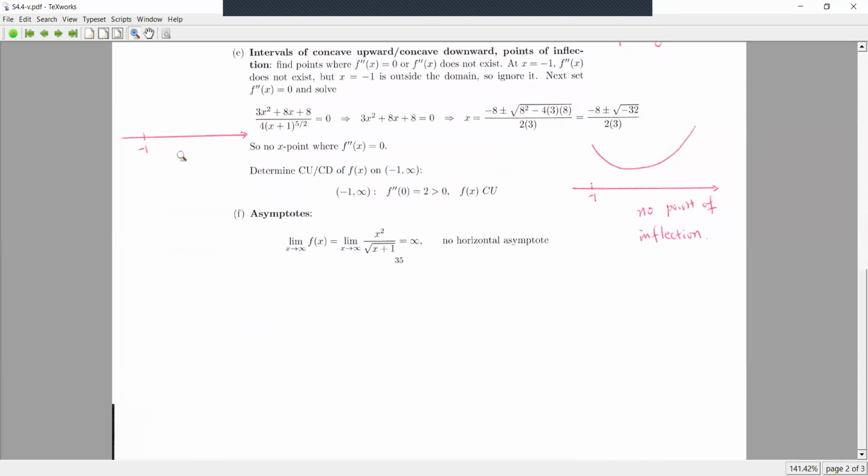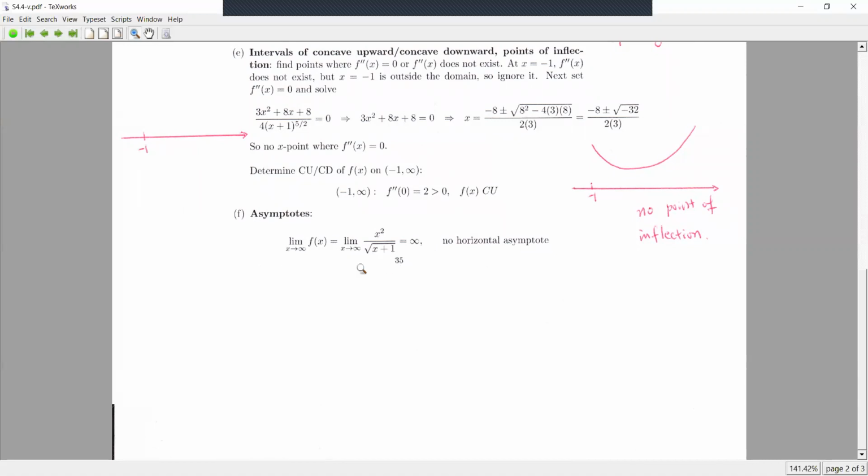Because the domain is from -1 to infinity, the independent variable x cannot approach negative infinity. So we don't need to compute the limit at negative infinity. Now we just need to compute the limit at positive infinity.